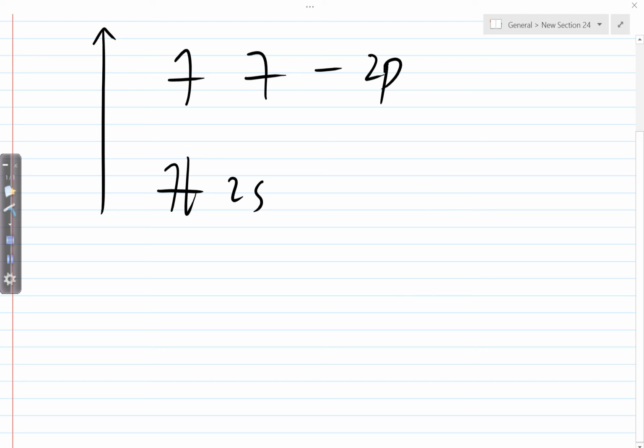Let's say water, H2O. What is the electron configuration for oxygen? 1s2 2s2 2p4, oxygen 16.